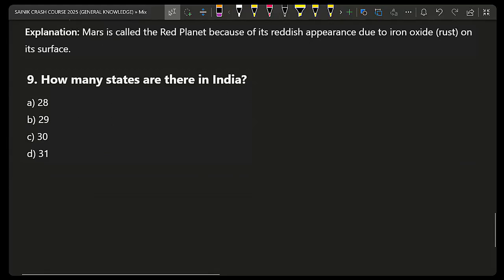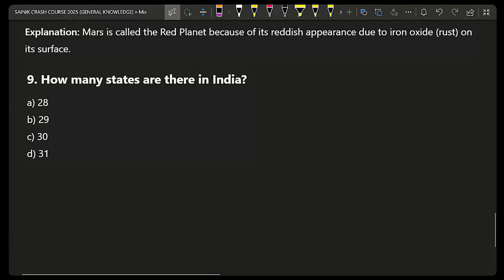Option A 28, option B 29, option C 30, and option D 31. And time up. Let's see.